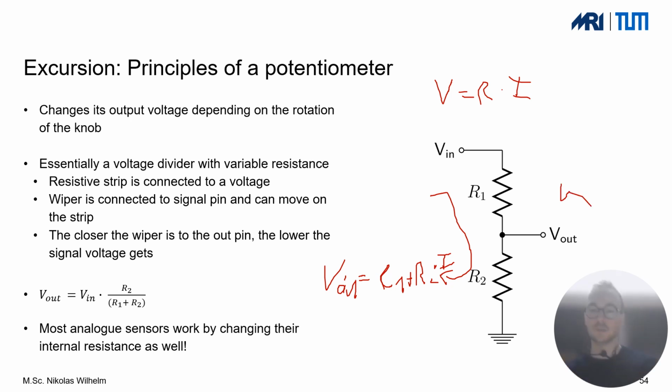So V out equals R2 times I. If we want to solve everything for V out, we can solve that one for I. So I equals V in divided by R1 plus R2, in brackets.